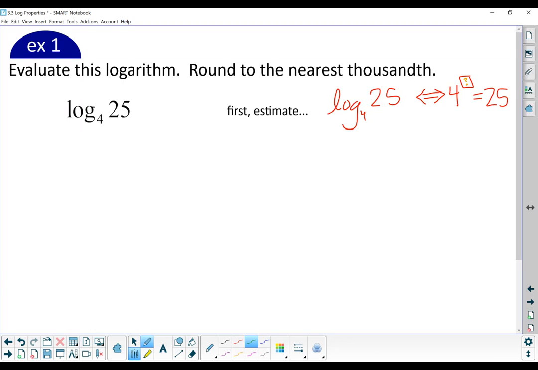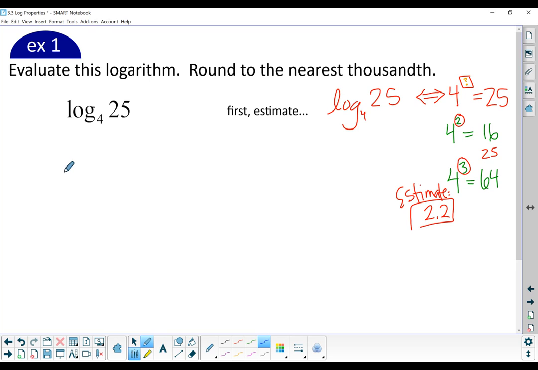You probably remember that 4 squared is 16, and 4 to the third is 64, and 25 is between those two. So we would expect that our answer is somewhere between 2 and 3. Maybe somewhere in the neighborhood of 2.2. So that maybe is your estimate for this log.